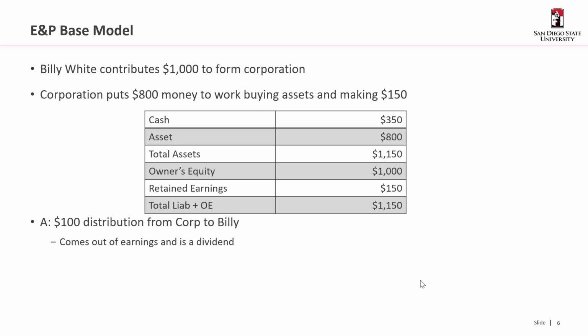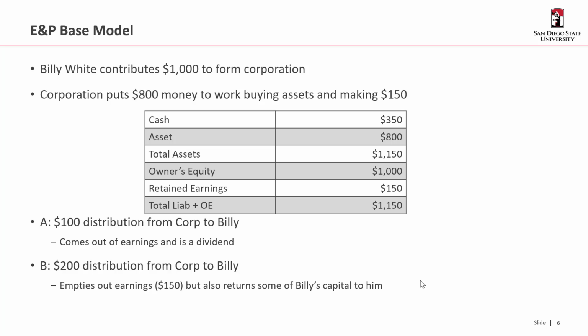Let's say instead that the corporation distributes $200 from itself to Billy. Okay, so this is a different distribution. It's not in addition to, it's as if we're replacing that first one. Okay, so in this case, clearly they've exhausted all of the earnings of the corporation because it only earned $150. So where does that other $50 come from?